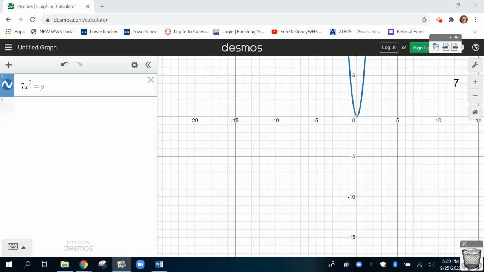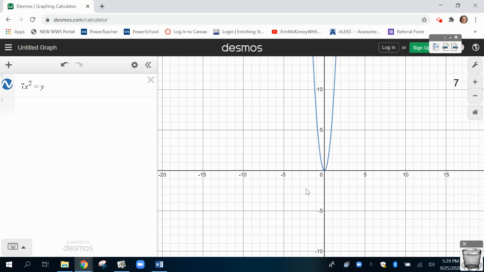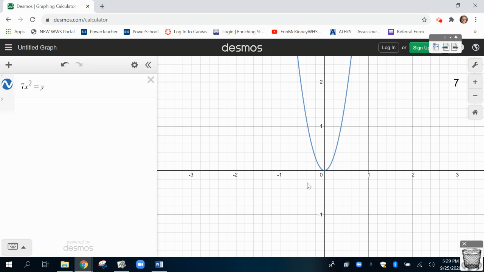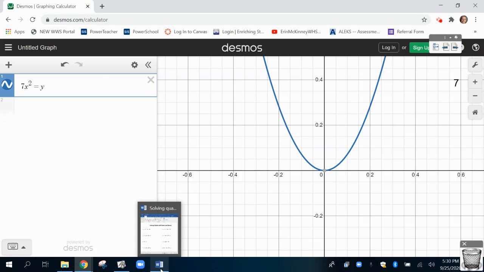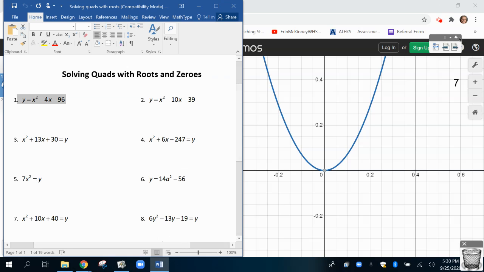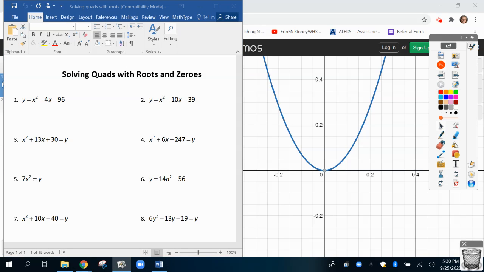Taking a closer look, this graph is just touching at 0. It doesn't go above or below, it just touches right here at 0. So the only place that this graph crosses the x-axis is at 0. For number 5, this one would only have one solution, and that one solution would be x equals 0. And that's it.